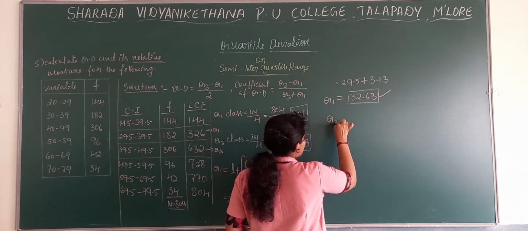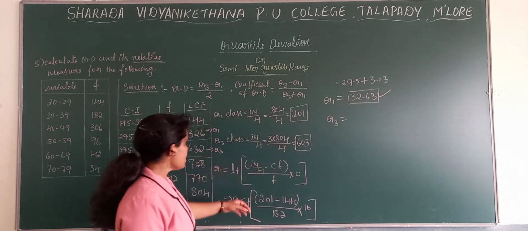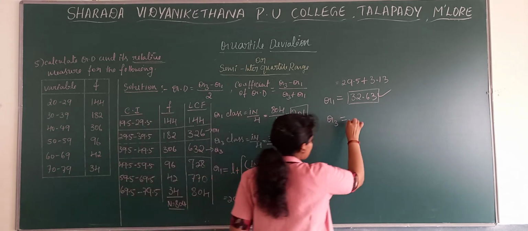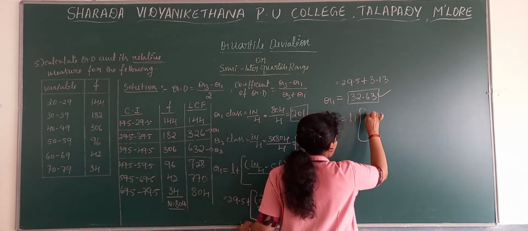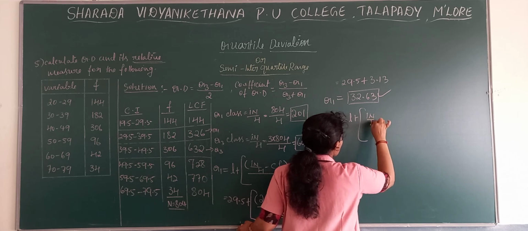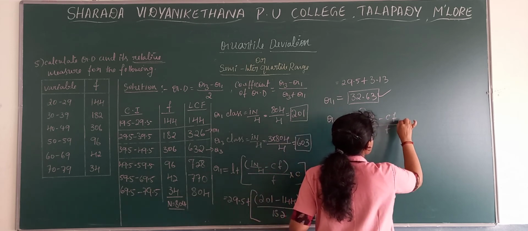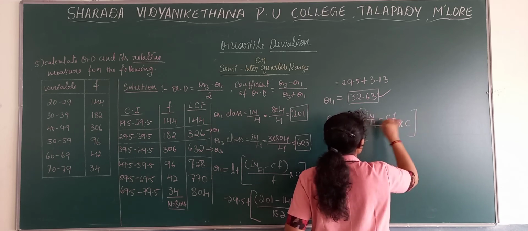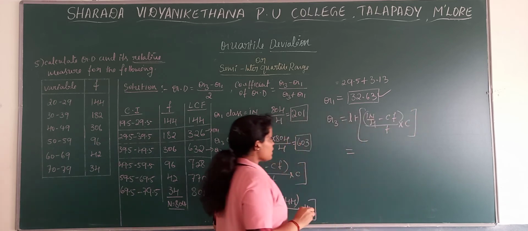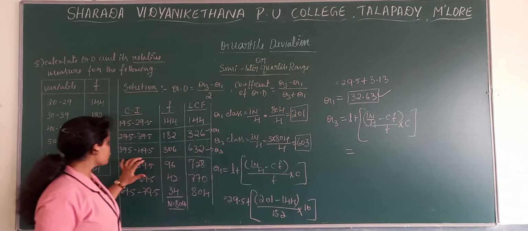Next you find out their Q3. Apply the formula there. L plus i n by 4 minus CF divided by frequency into width. Check there Q3 class. This is your Q3 class.